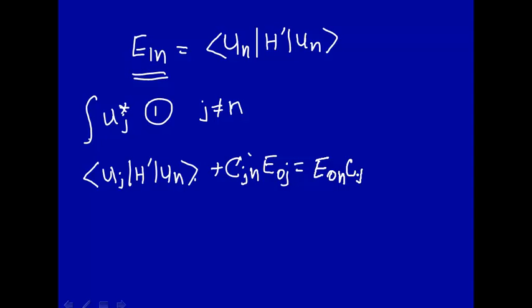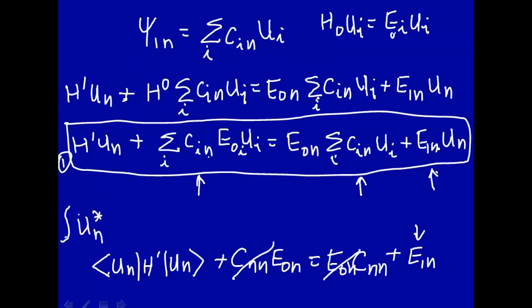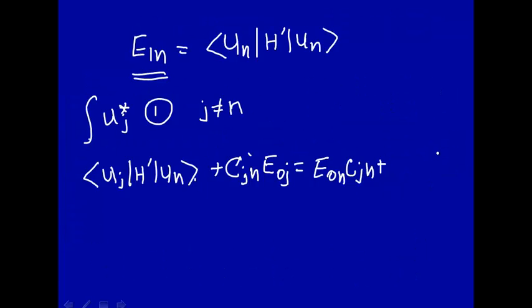E_0n times C_j^n. And let's do that last term there. All right, we're multiplying by u_j, where j is not equal to n. This term will go to 0, because j can't be equal to n. So that term goes to 0. That's convenient, plus 0. Now look at this.